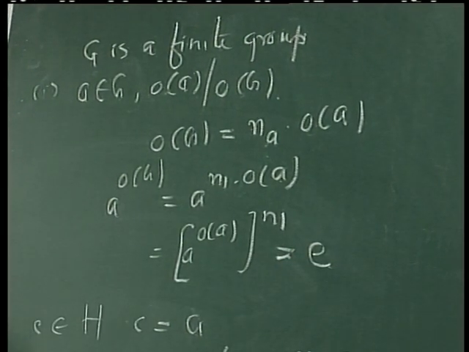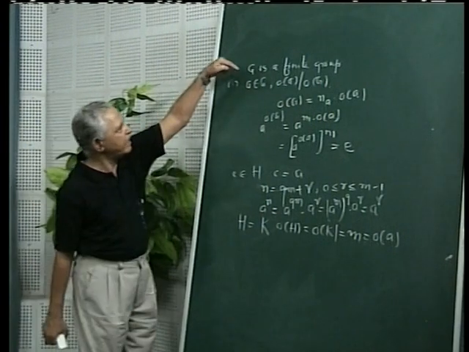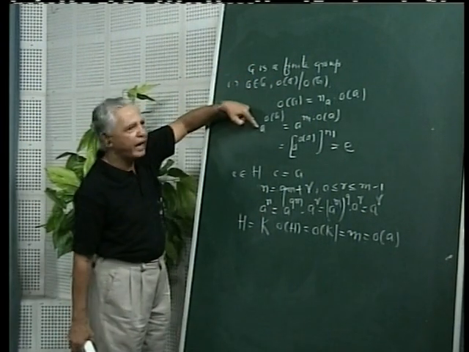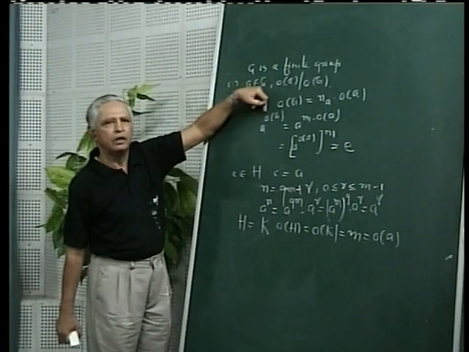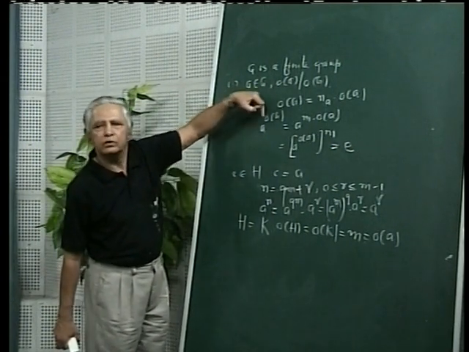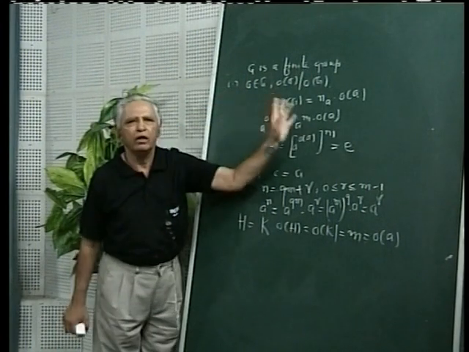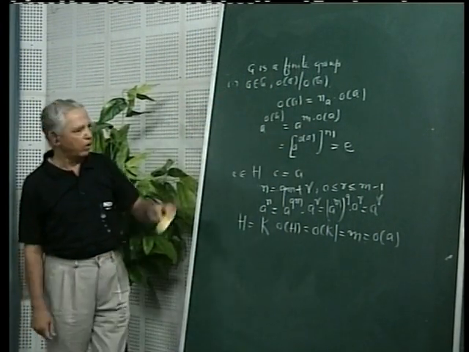That means what we prove is the result that for each element A belonging to G, there is one common integer OG such that A raised to OG equals E for every element A belonging to G. Alright.